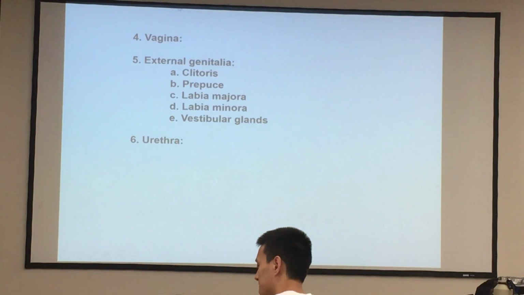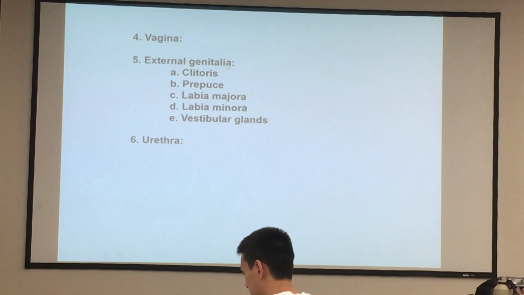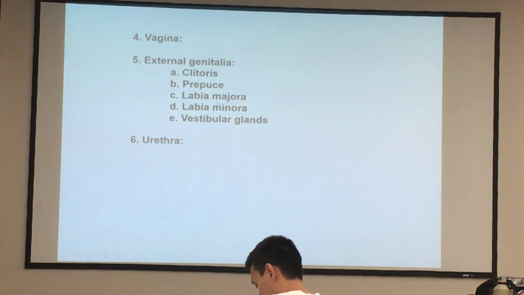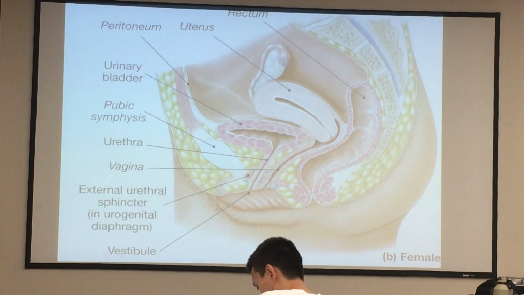And we also will cover the external genitalia. I mean, the outside opening area, we will cover clitoris, prepuce, labia minora, vagina, vestibular gland. We have two lips outside, labia majora, the major lip, and the small lip.